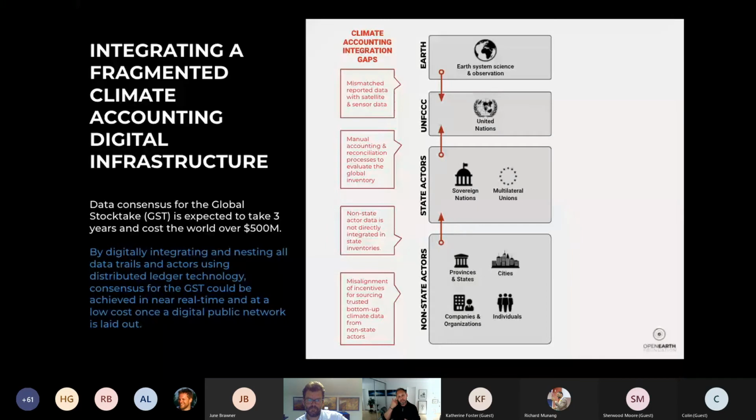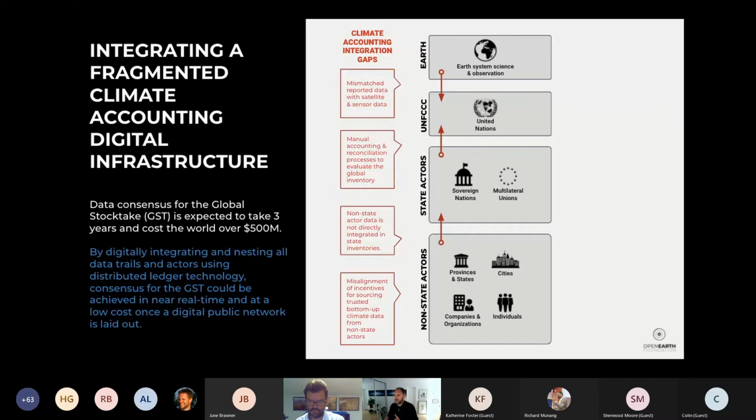And if we still tackle this level of global coordination and consensus on the state of our climate records the same way, the cost of every global stocktake will be high, and the latency in our data sets continues to be 1 or 2 years, or sometimes even 3 years.